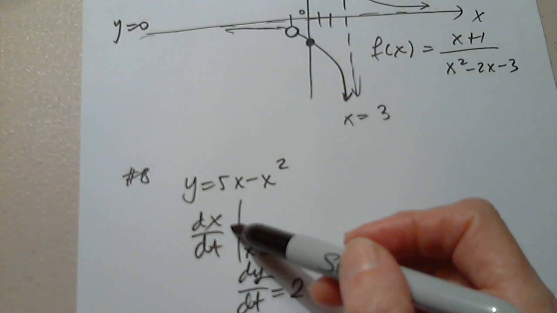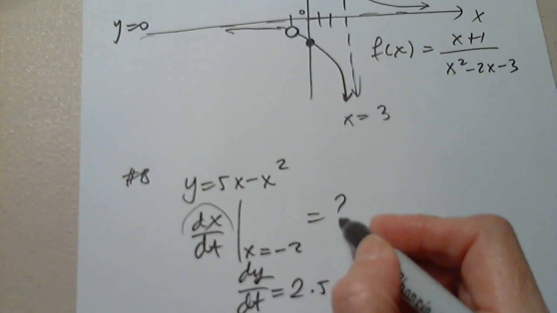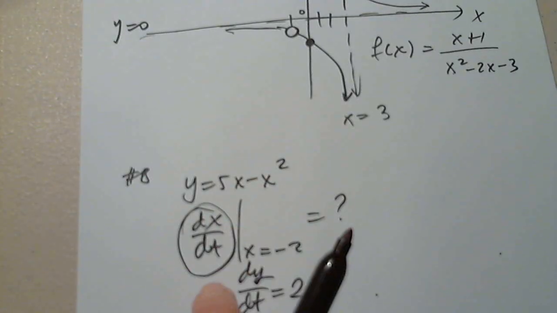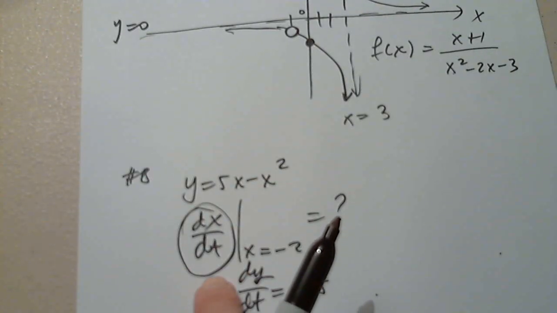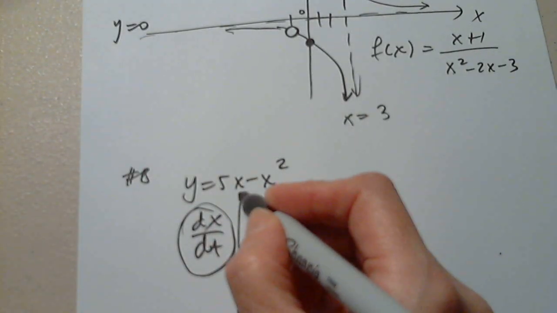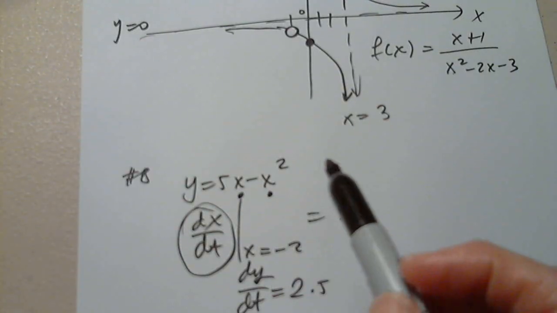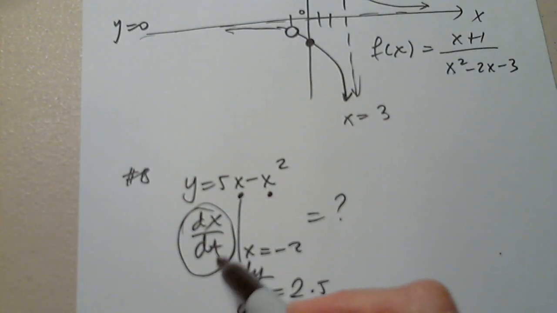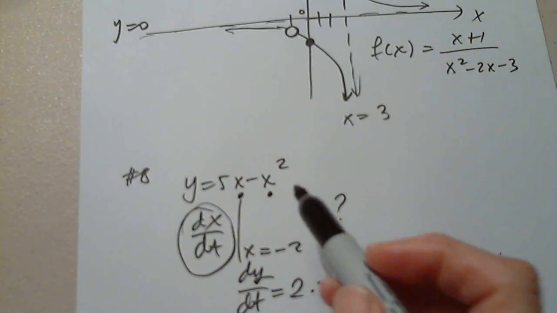When I'm asked to find something like this, there is important information in the question. It means that x is a function of t. That's why I put a little dot underneath, to signify that this is not a variable.